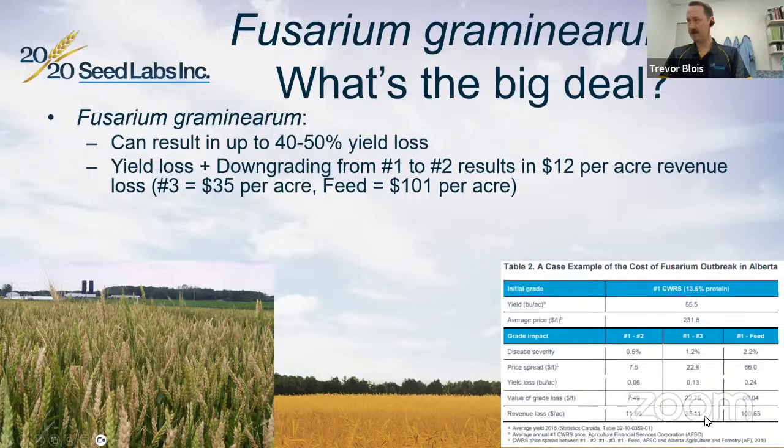Number 1 to number 3 is $35.44. And then going from a number 1 to a feed, you're looking at almost $101 per acre revenue loss. But yeah, the biggest impact is this value of the grade loss. The yield loss is not too big in the end.